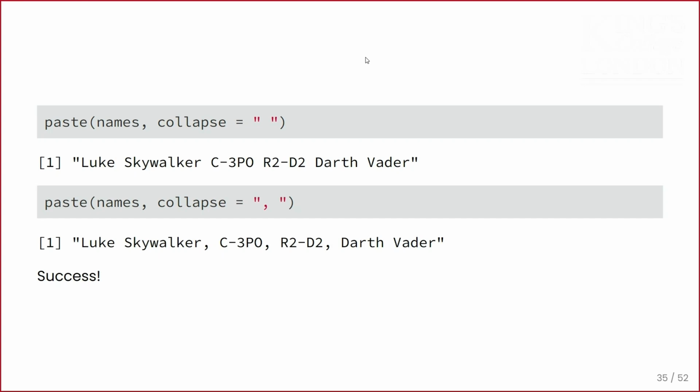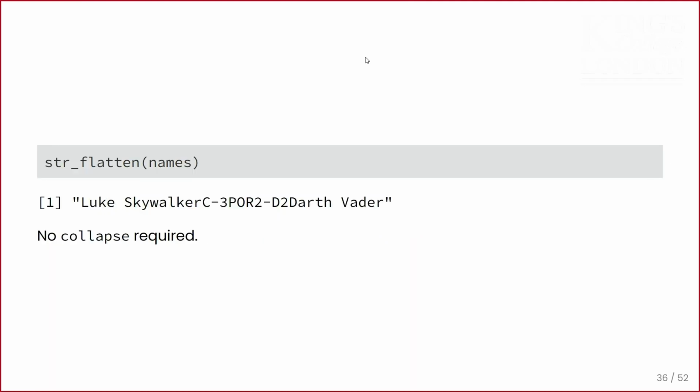You could choose a space, or if these are going to go into a sentence, you've probably got to use a comma and space. You may be disturbed by the fact that there's no "and" between those last two elements. That would trouble me as well, right? I don't want to produce a document that's just got a whole series of things separated by commas. We'll get back to that issue in just a moment.